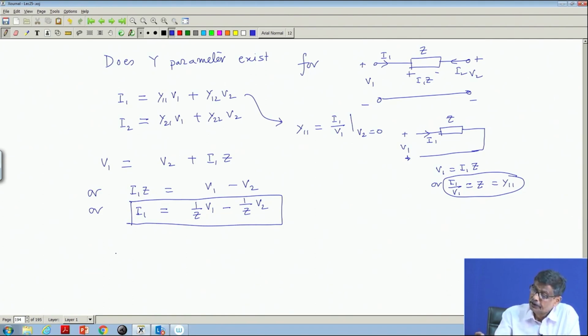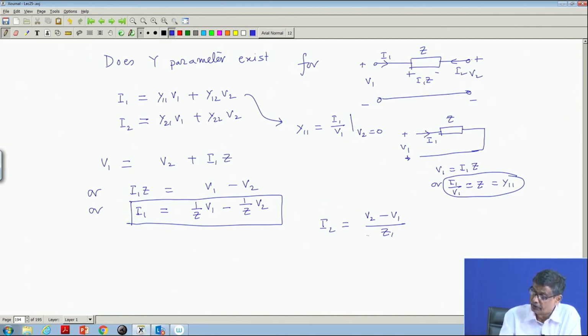What do I do with I2? I can write straight away in a different way that I2 is nothing but V2 minus V1 by Z. I2 is this current. The potential of this point with respect to this is V2 minus V1 applied, this is plus, this is minus.